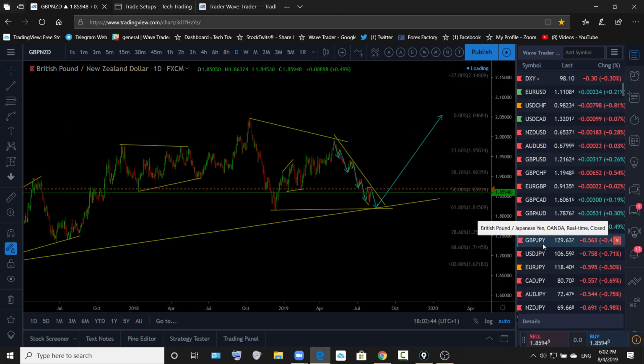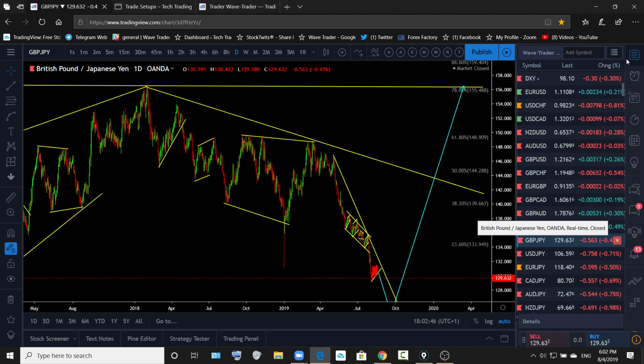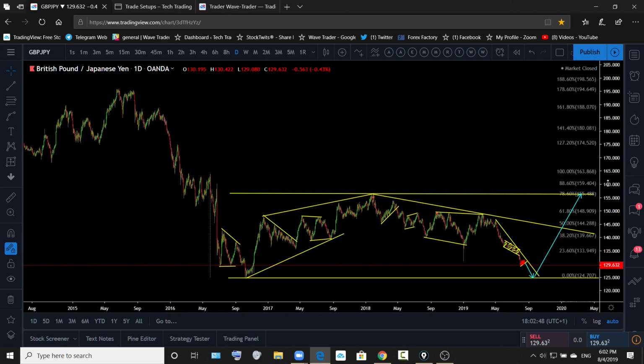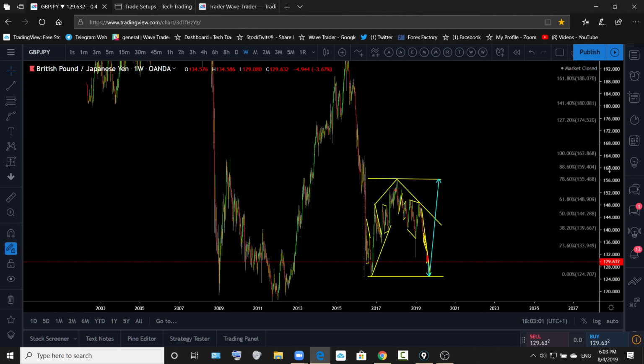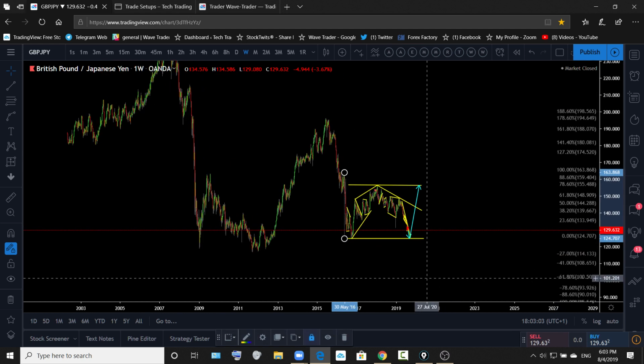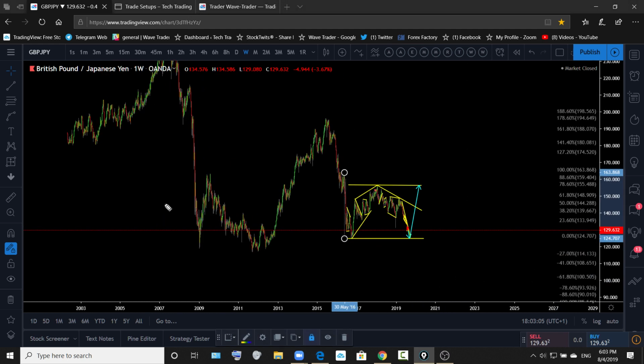So pound yen, very much seems like the other pound pairs, a flat formation. Big ABC move, or you can say a double bottom, or triple bottom, or whatever you want to call that.